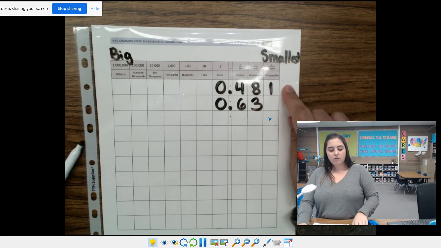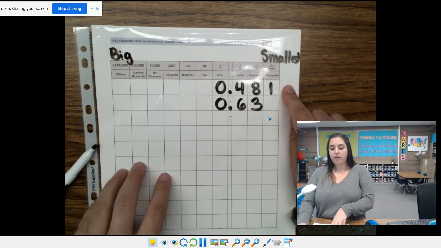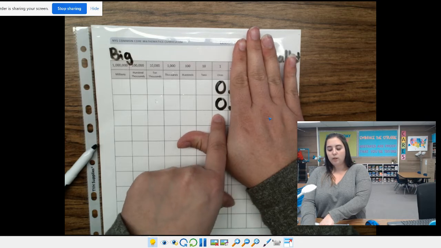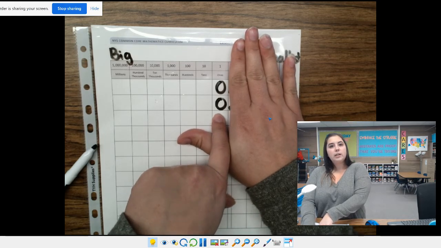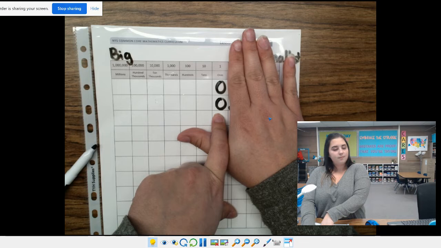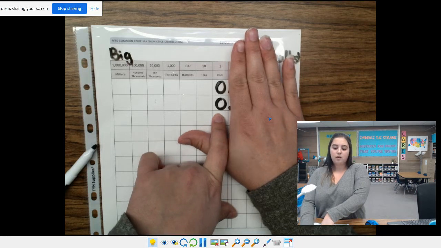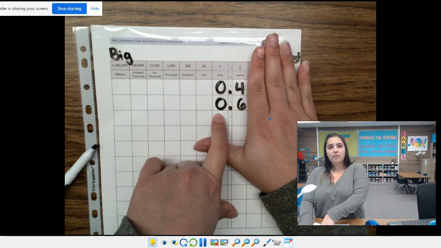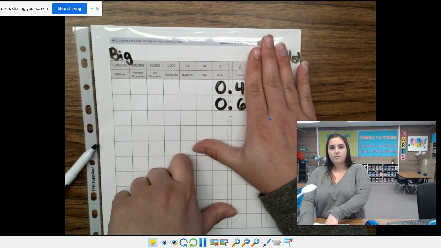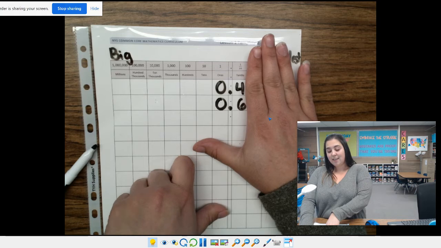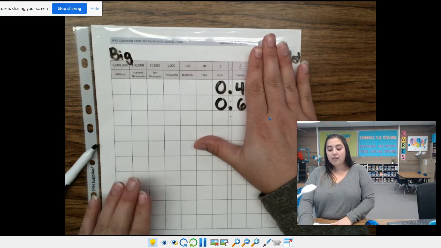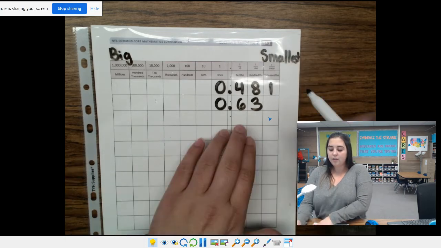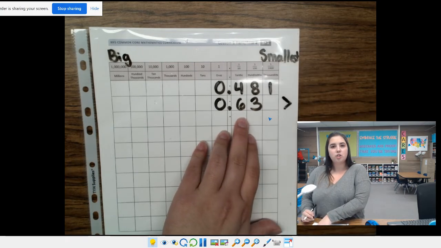Let's see if that means it's the largest of the numbers. So I'm going to cover up, start with my largest place value, which is my ones in this number. Can we tell which one is larger yet? Not yet. How about now? Which one's larger, 4/10 or 6/10? 6/10 is larger. So it doesn't matter what comes after this because this number is larger.